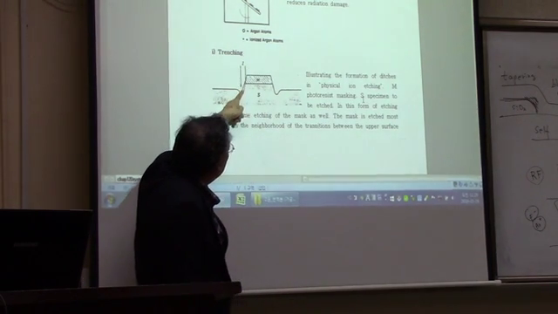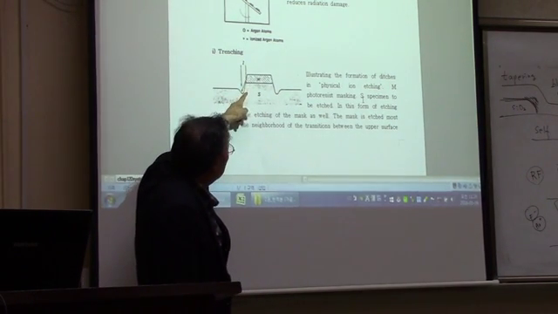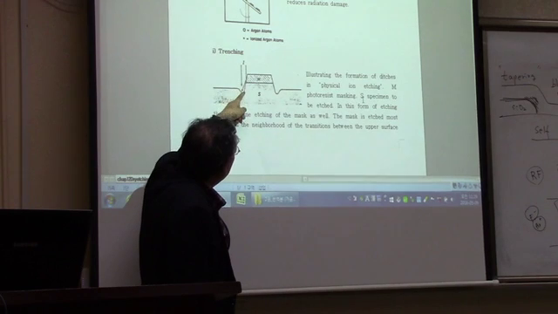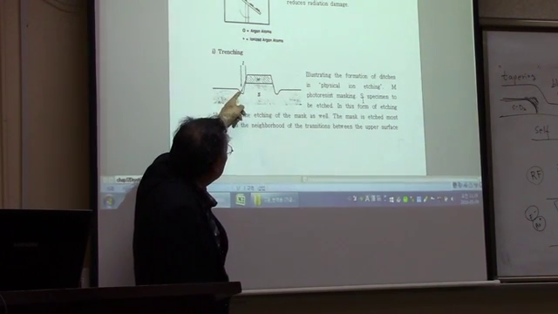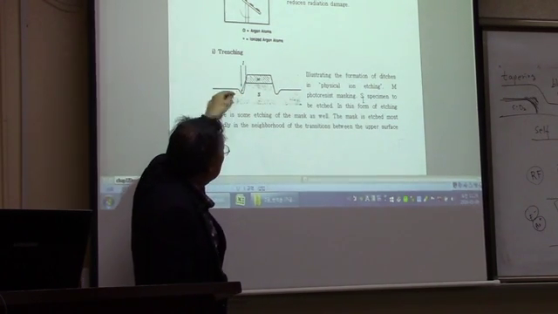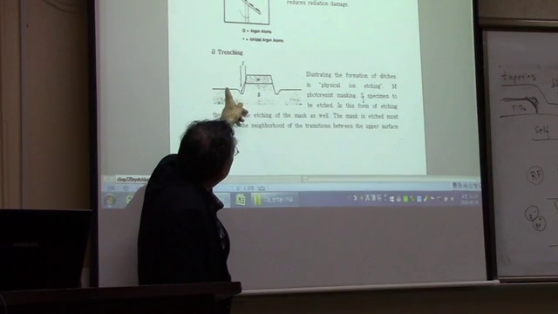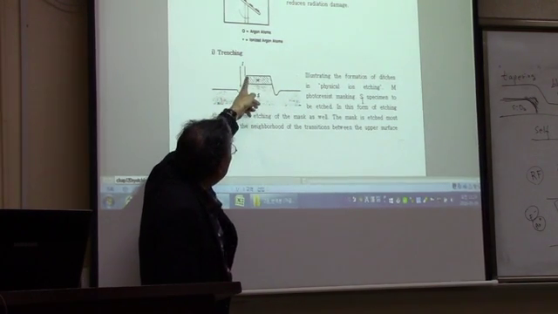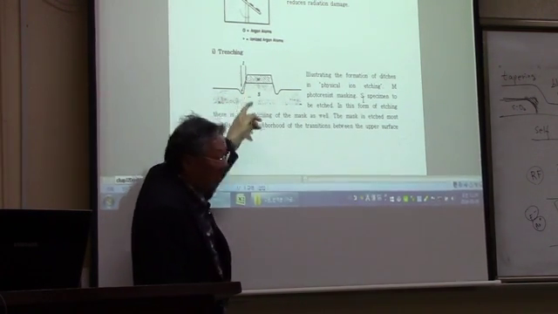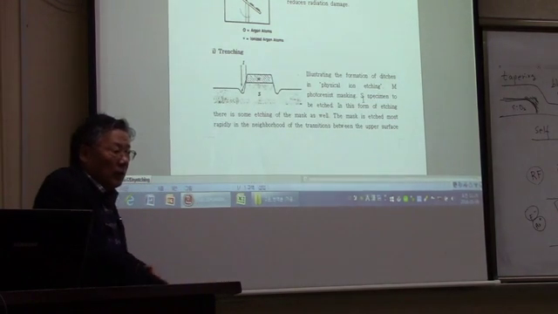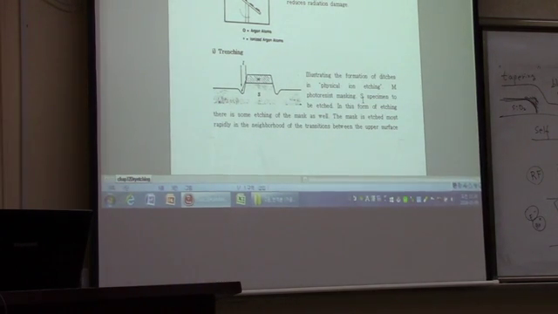And then when you etch, here you are going to create trenches like this. It's supposed to be flat, but at the edges, you're going to have a deeper etching portion, which is going to be called trenches.